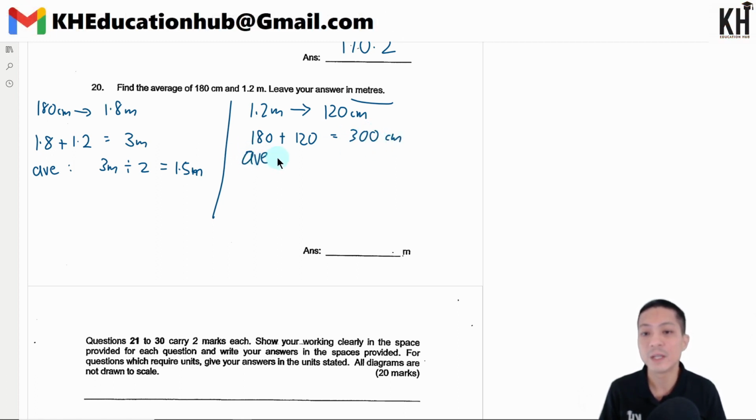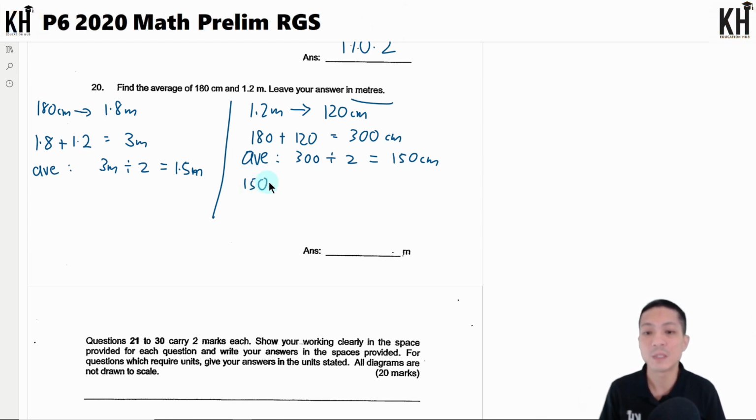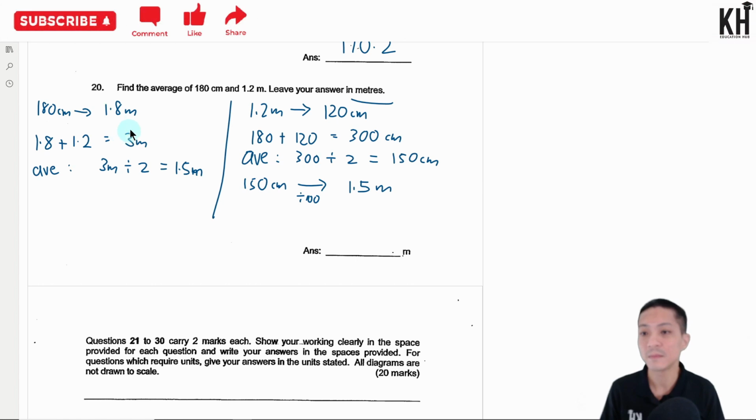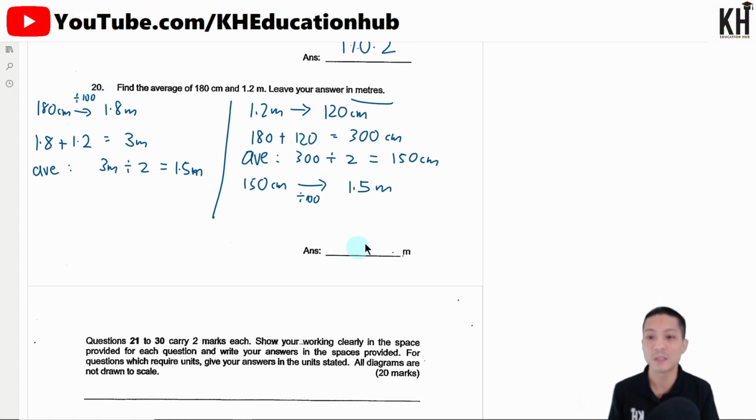To find the average, 300 divided by 2 gives you 150 centimeters. Then convert 150 centimeters into meters, which is divide by 100, and you get 1.5 meters. Over here I forgot to add, you have to divide by 100 to convert from centimeters to meters. So the answer will be 1.5 meters for question 20.